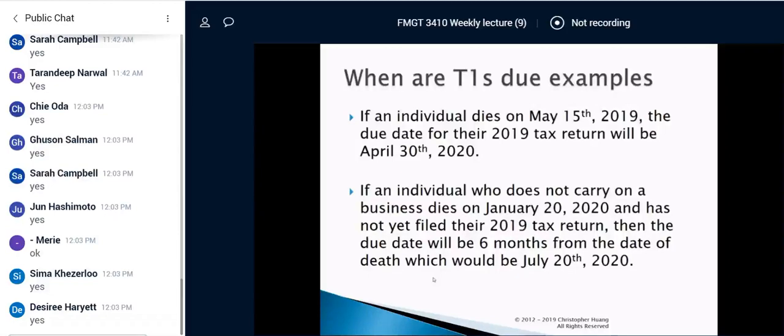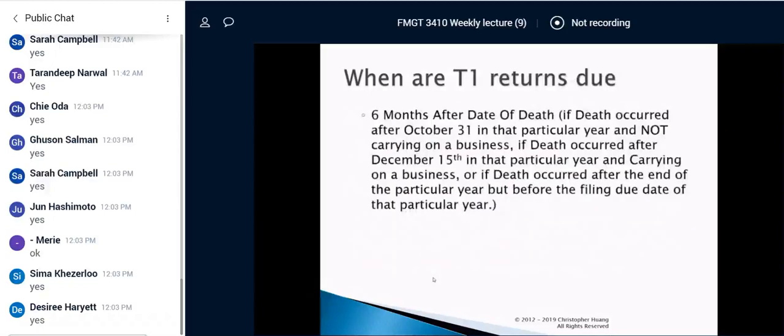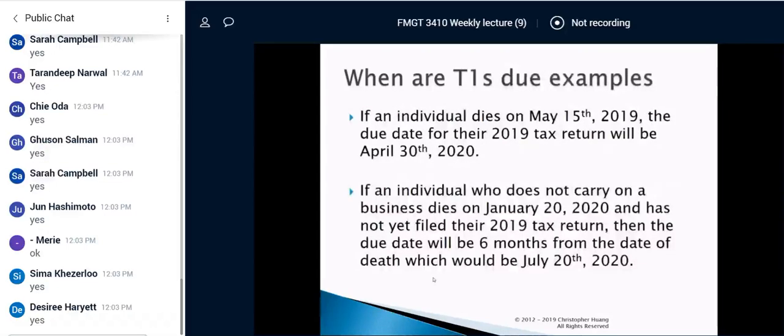So it's a little bit more tricky, right? It's not just, oh, did they die between October 31st and December 15th? No. If you look at the second example, the issue is, this person died after October 31st, and by the way, they have not yet hit their filing deadline on their tax return, and now they died.